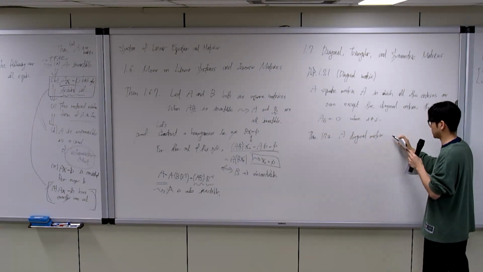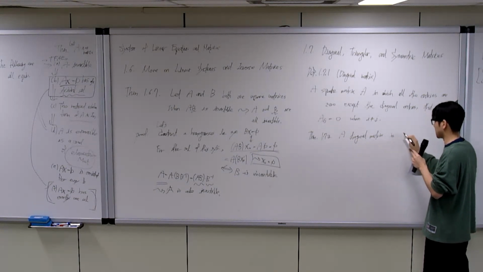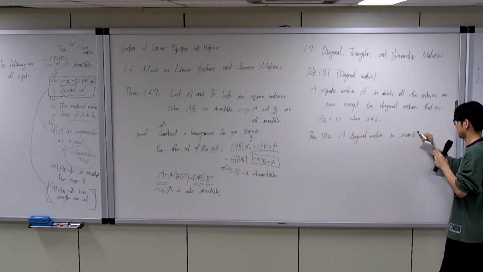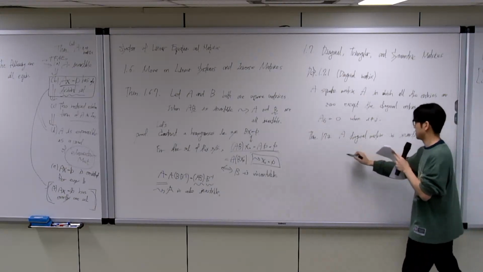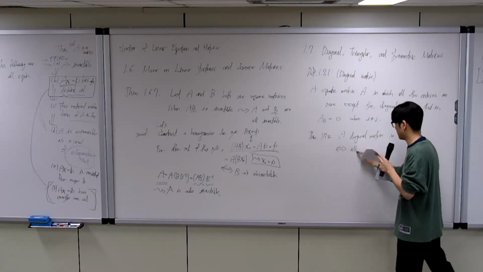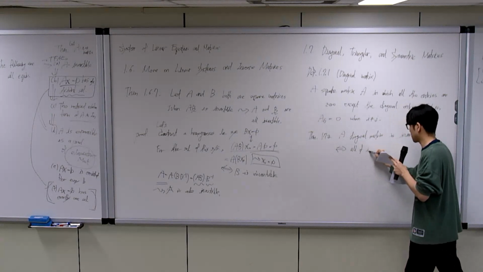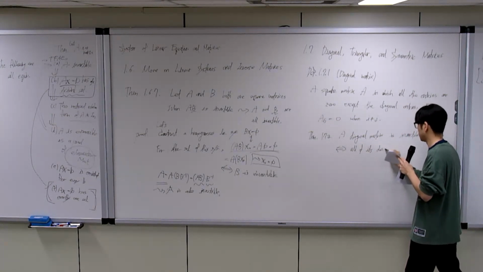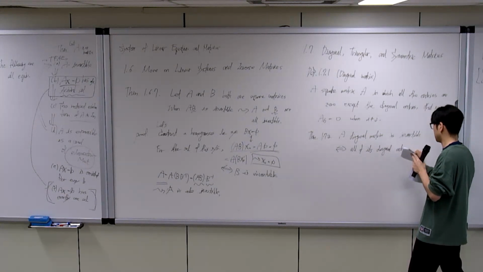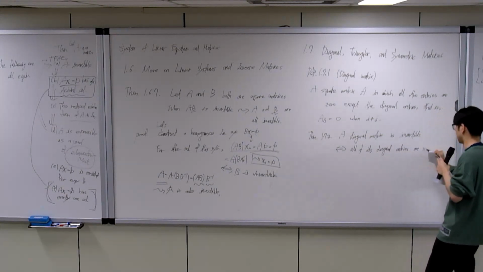So this theorem says that a diagonal matrix is invertible if and only if all of its diagonal entries are non-zero.